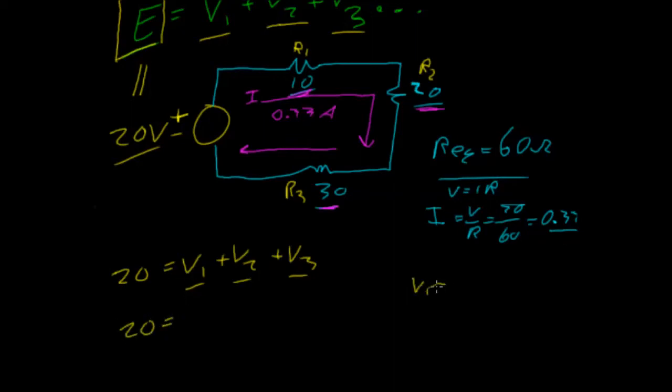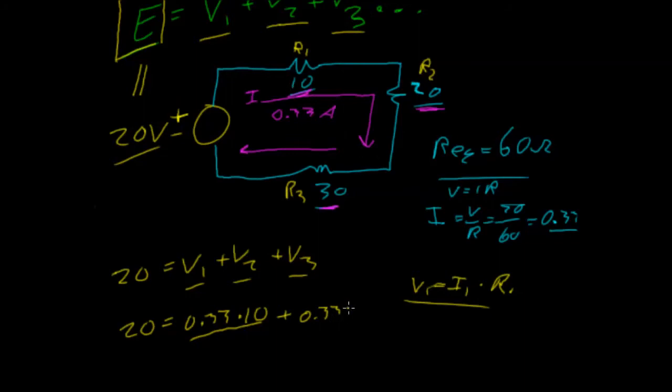Check it out. 20, what's V1? Well, V1 equals I1 times R1, right? Just using Ohm's law again. What's I1? Well, it's going to be 0.33. R1, we know is 10. So this is V1. V2, well, 0.33 amps again, because it's a series circuit.